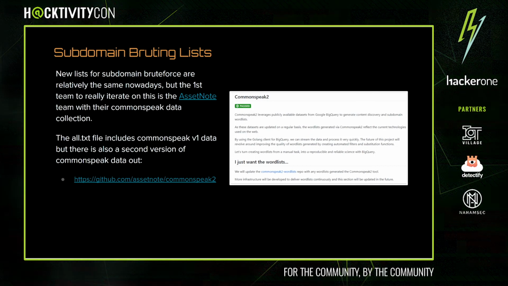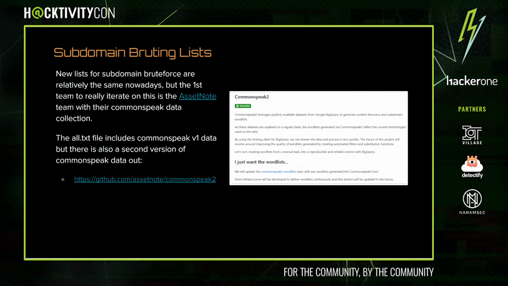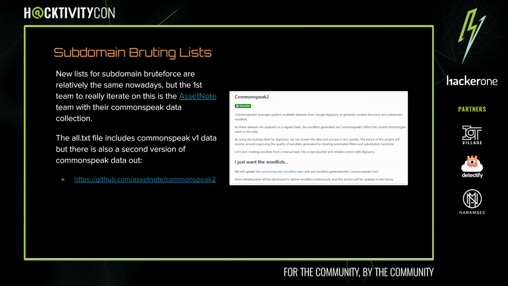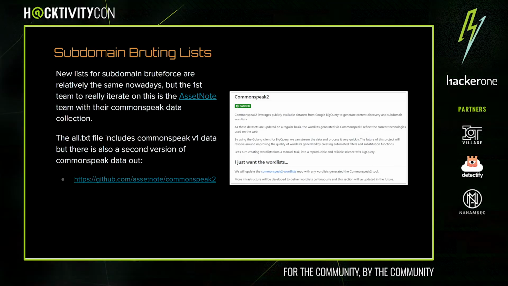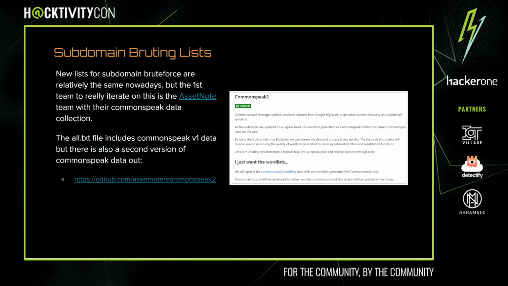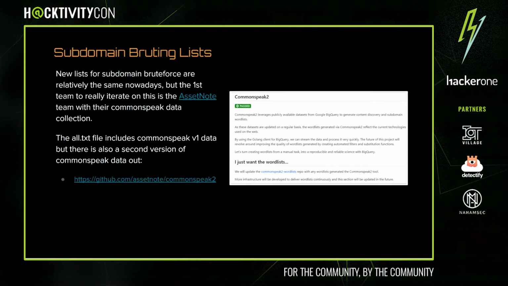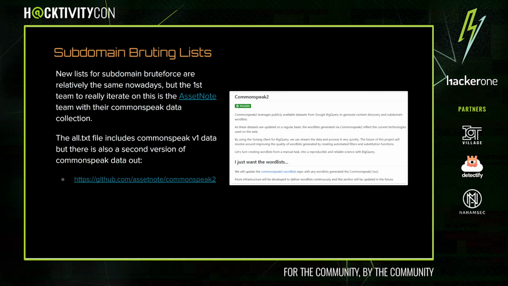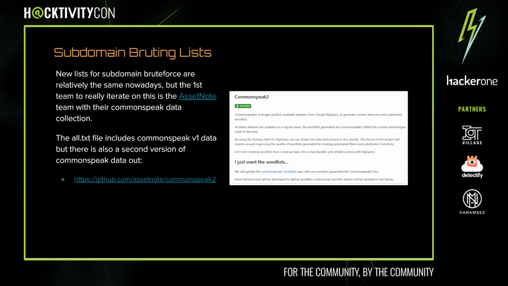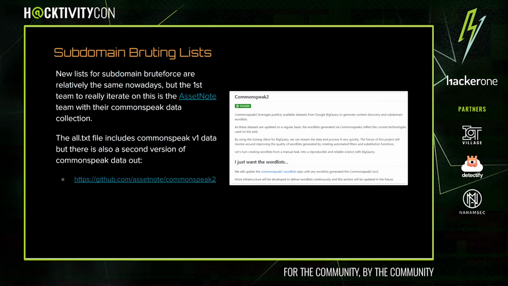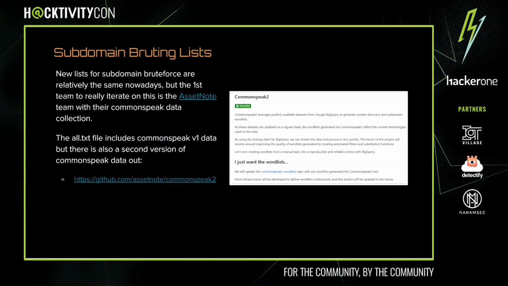And I think parameters too. I can't remember exactly, but I know subdomains. And so they did the first version of this, and I took the first version and put it into my all.txt file, which is already out there. But version 2 has come out in the last year and a half, and it has a new set of targets that they parsed and new sets of data. And I would suggest looking at it to see if you want to add those to your word list as well.